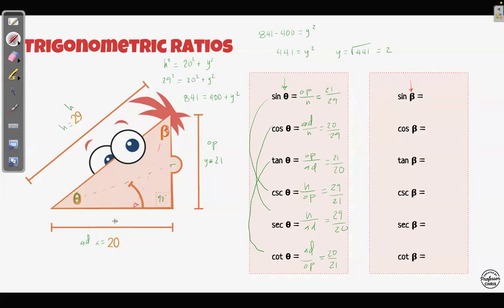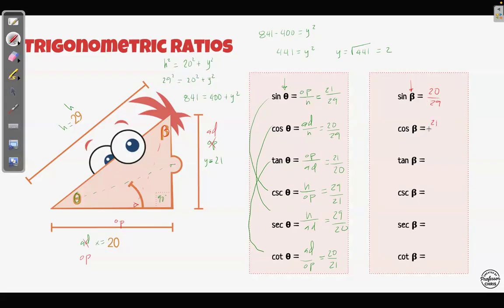It is right here, making it the opposite, and now turning this side into the adjacent. Hypotenuse will always be the hypotenuse. So if we want to find still the opposite over the hypotenuse, it is 20 over 29. So it's just the division of two sides based on the position of an angle.